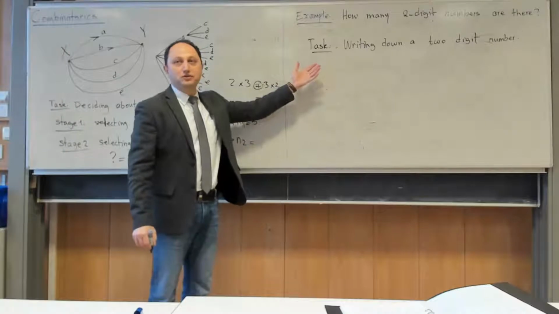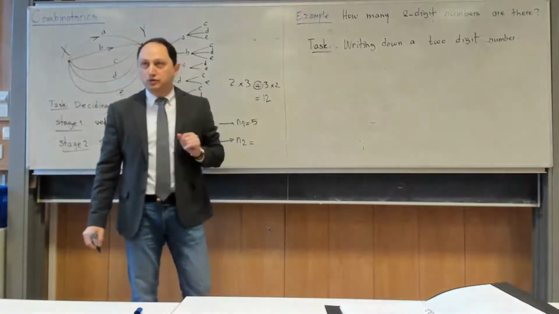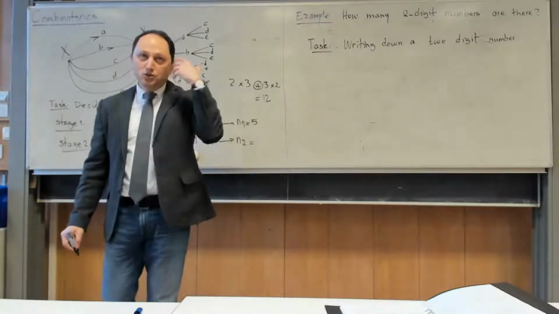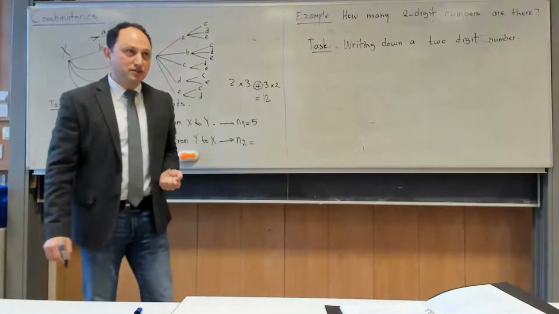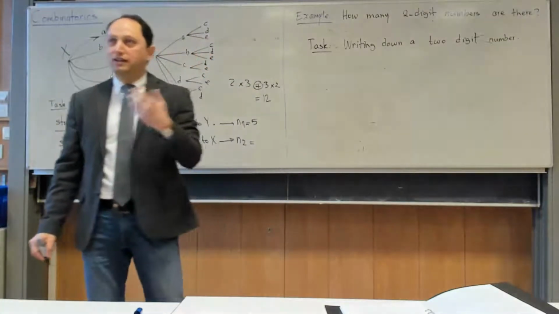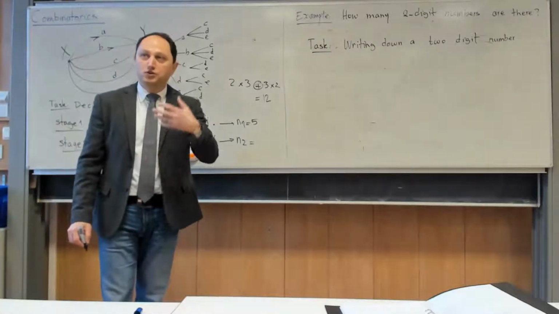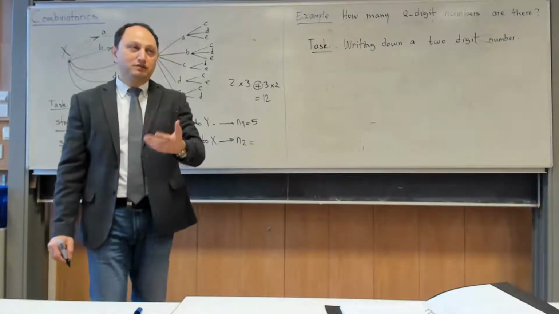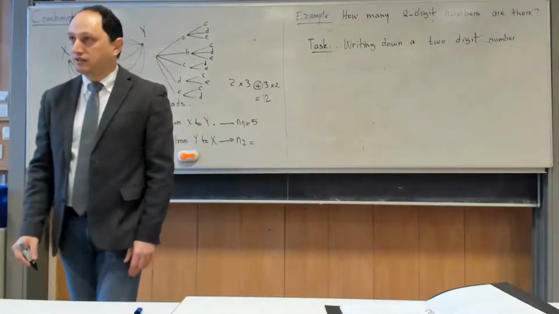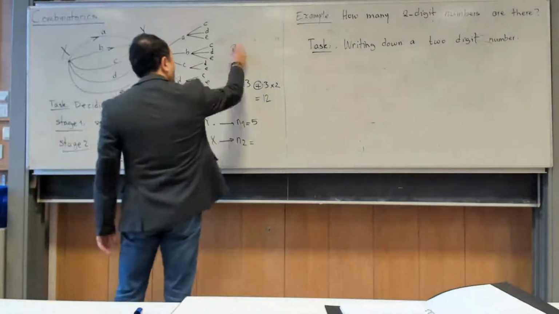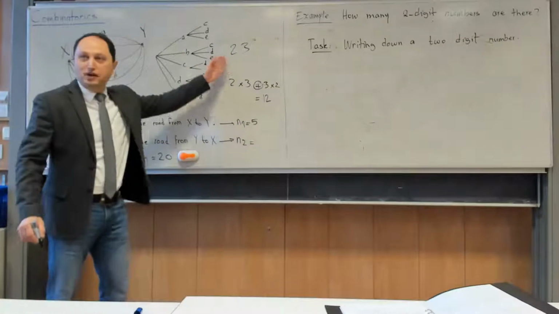Immediately you can do that. But if you think more carefully, you are actually deciding about 2 things. You are deciding in your brain about the digit on the left and the digit on the right, but you do it so quickly and automatically that you don't even recognize it. When I ask you to write a number, I write 23, but I decide about 2 and 3.